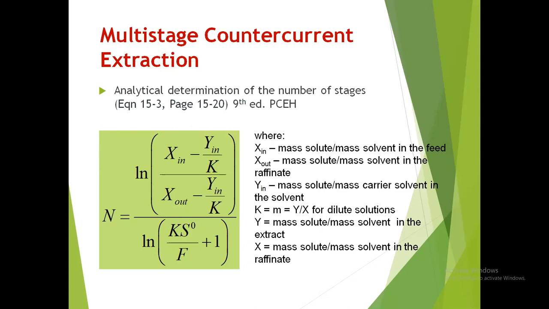But if it's written big, it's a ratio. It has to be that way, not mass fraction, but mass ratio. So everything else here is defined, and that's how you determine the number of stages using the equation given in your handbook.